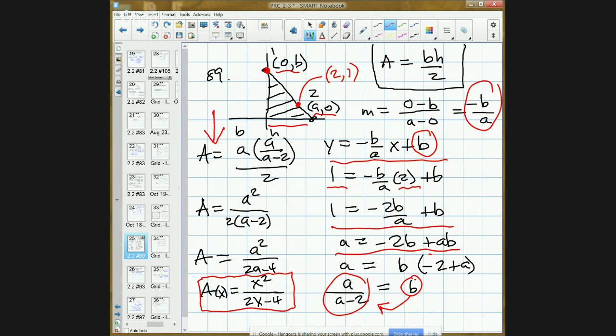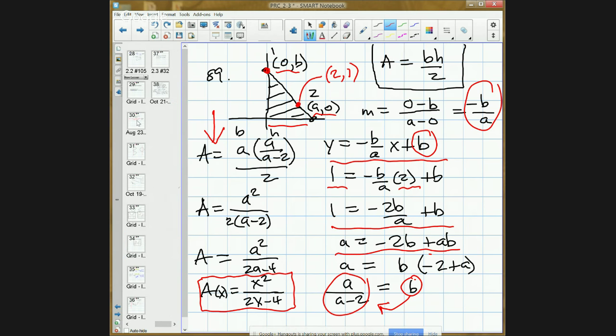That one was a little bit tough because we had to horse around with that a and b and get rid of one of those letters, which we did down here on the bottom right, when we solved for B in terms of A. So that's number 89.